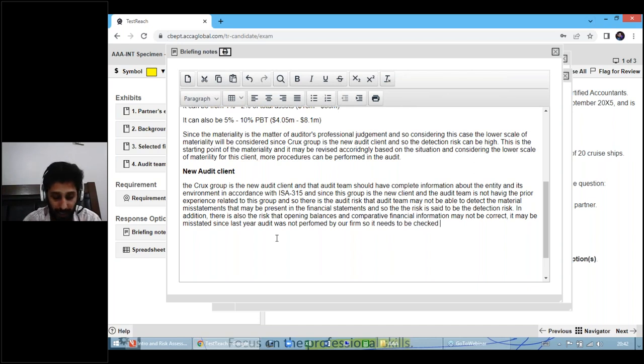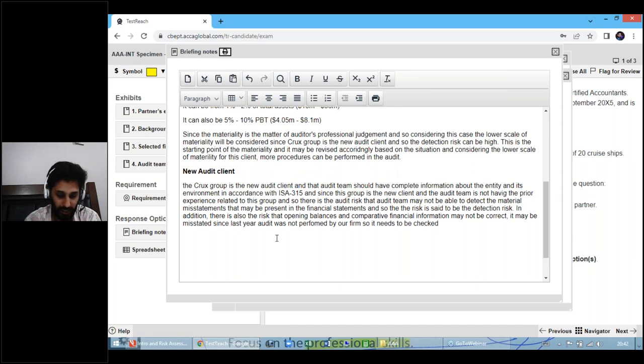What's the requirement to check? According to ISA 510, the audit team should ensure that opening balances and the comparative financial information are not misstated.